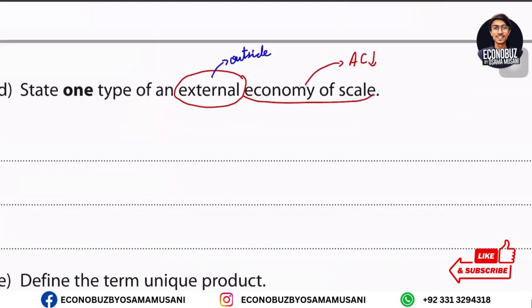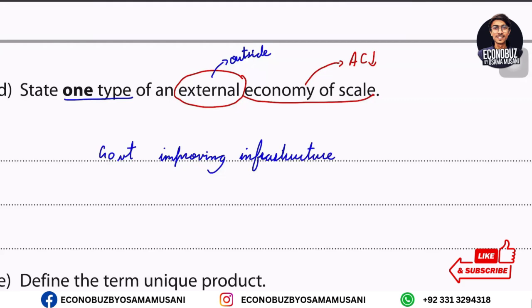So you can state one type of external economies of scale: government improving infrastructure, right? If the government would be constructing better roads, or a railway line, or bus transport nearby, the business would be enjoying the road network or infrastructure.